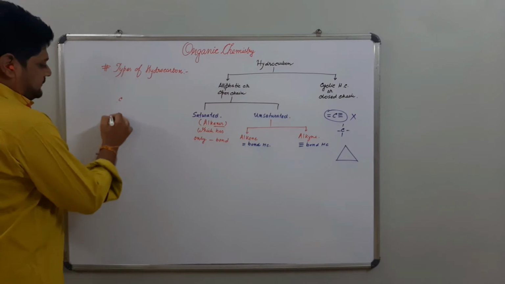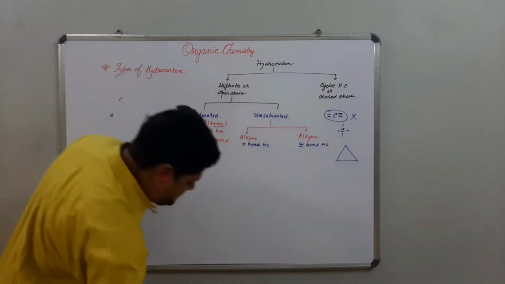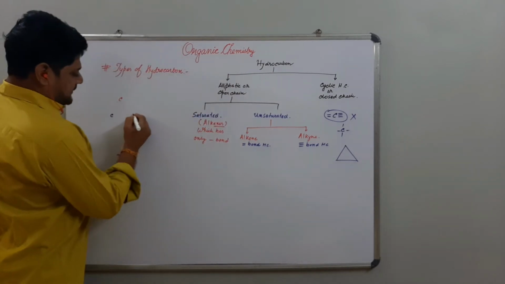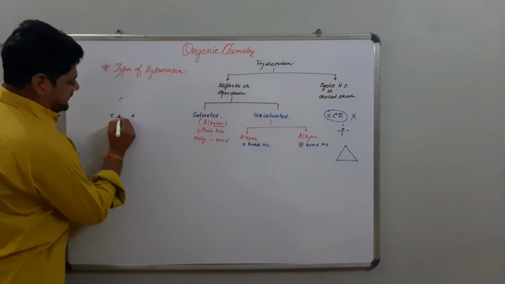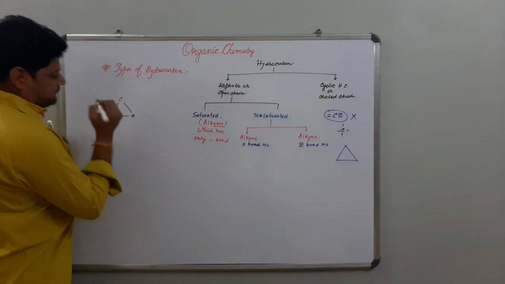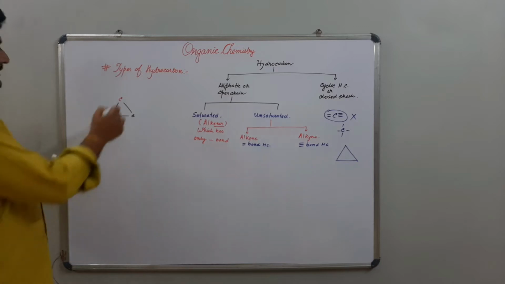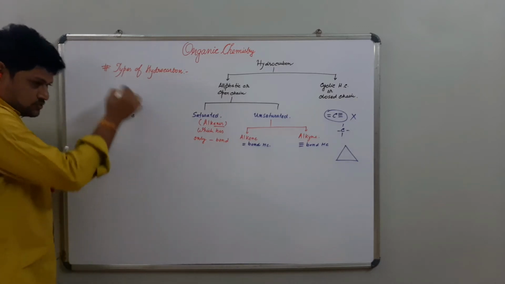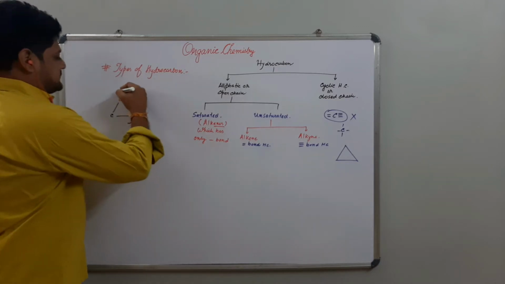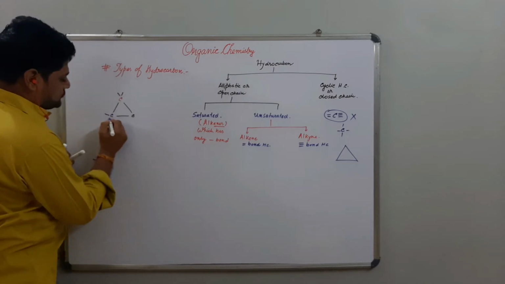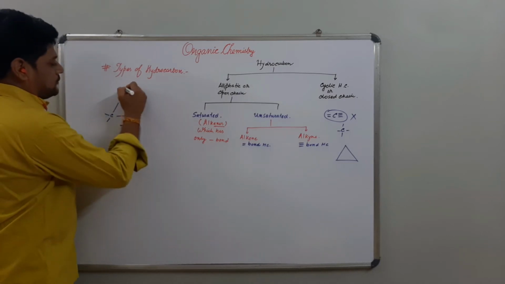So here the same thing is there, that is, if we want to close an area, then there must be 3 carbons. If the structure is like this, then it can be treated as a closed chain hydrocarbon, and as the valence of carbon is 4, so here we can put 2H.